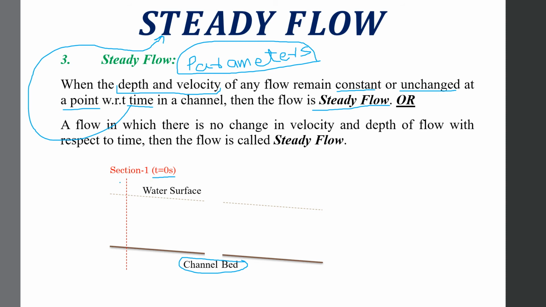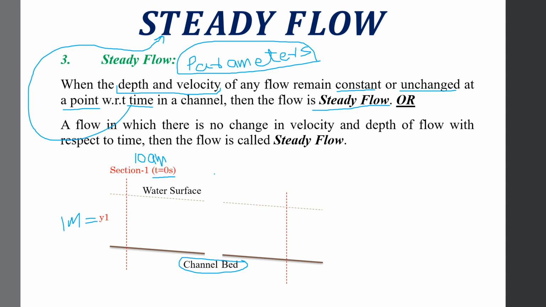Suppose we are standing at a point in a river or in any channel, and we are standing at this point at 10 a.m. So the time with respect to our observation will be 0 second at 10 a.m. So we are starting observation at 10 a.m. So the time for experimentation is 0 second. At this section, at time 0 second at 10 a.m. in the morning, the y1 depth was calculated to be 1 meter.